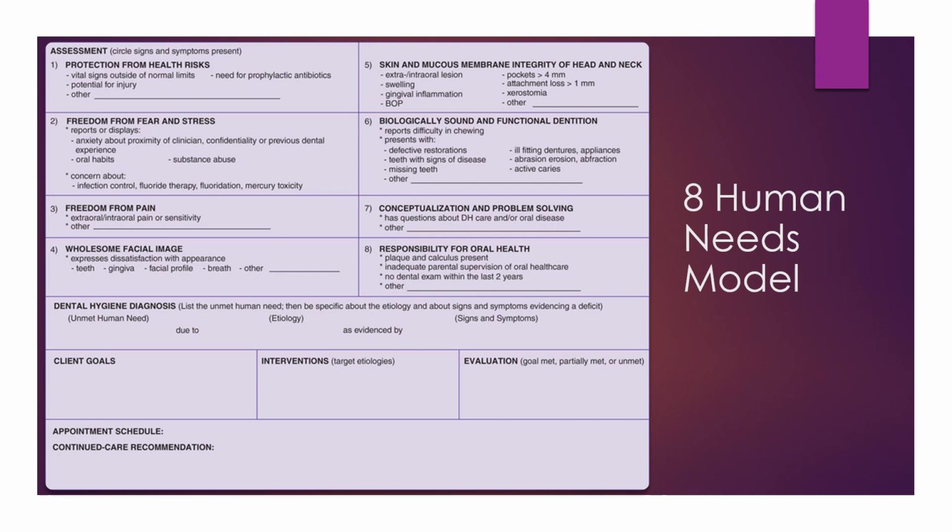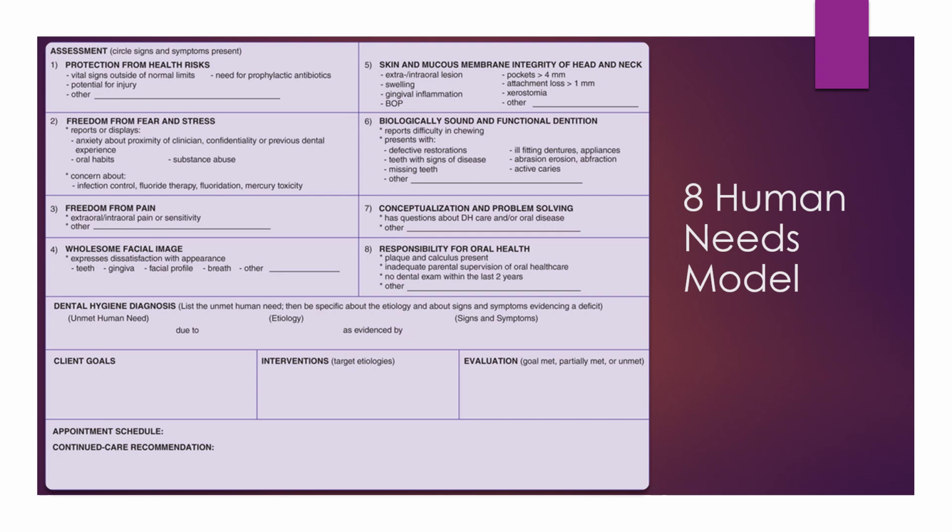I already know by talking to the patient that it's from improper brushing technique, and the unmet need is going to be the biological sound and functional dentition. So how I would write this would be: biologically sound and functional dentition due to improper brushing technique and using a medium bristle toothbrush as evidenced by abrasion.